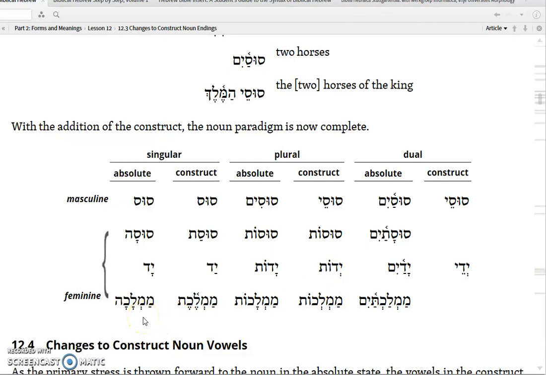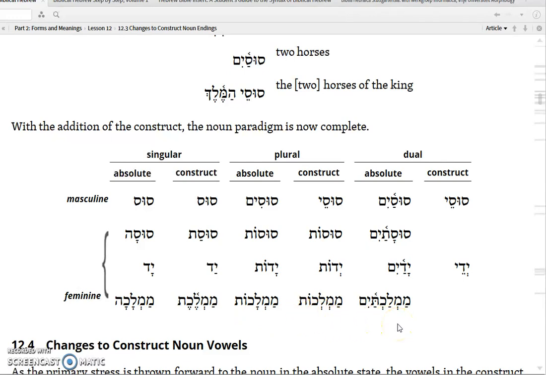Same thing with the word kingdom. Mamlakah becomes mamleket, but then in the plural it becomes mamlakot, and then mamlakot, this kamatz will become propretonic, reduced to shavah in the construct.